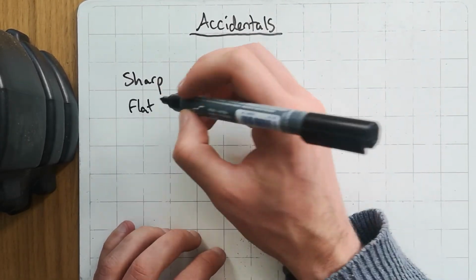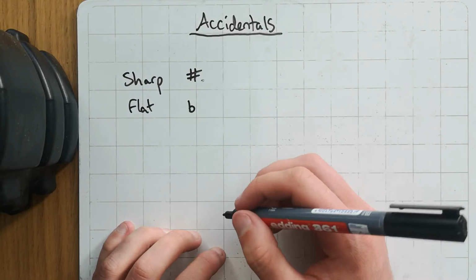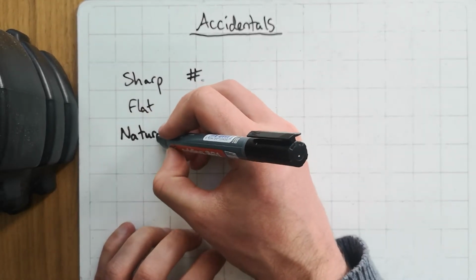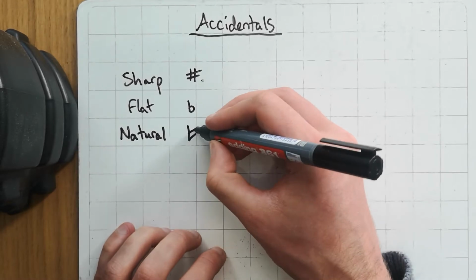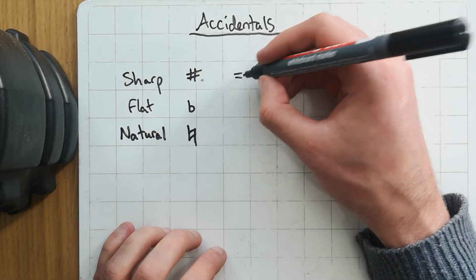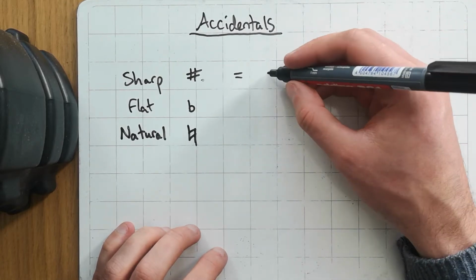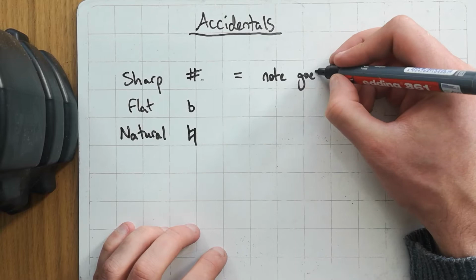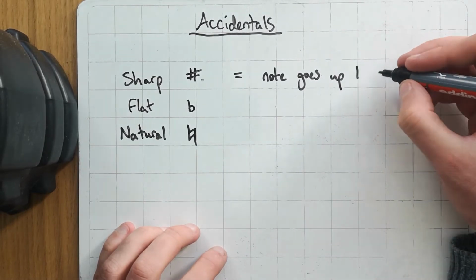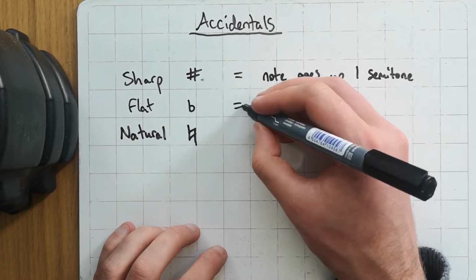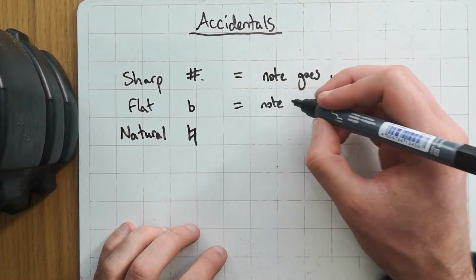We've got the flat, which looks like a little lowercase b, and finally we've got the natural, which looks like that. Okay, the sharp causes notes to go up a semitone. Flat does the opposite, note goes down a semitone.